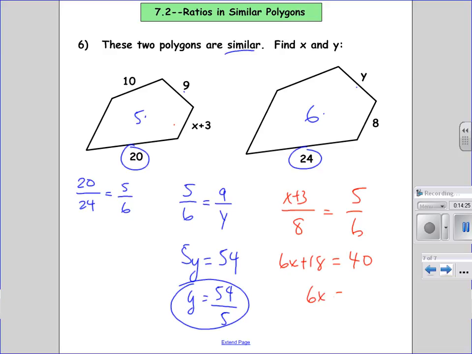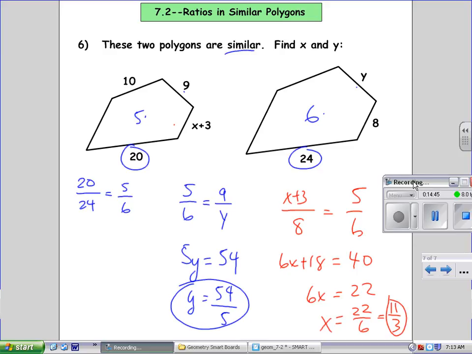And 6x equals 22. And x equals 22 divided by 6, which is 11 over 3. Okay? All right, we just made it, so hope you're having a good day, and we will talk to you soon.